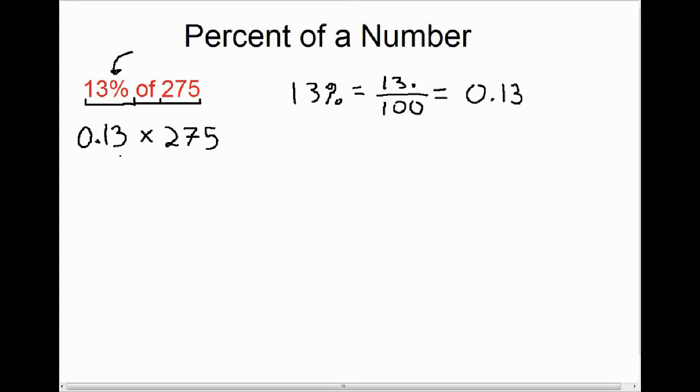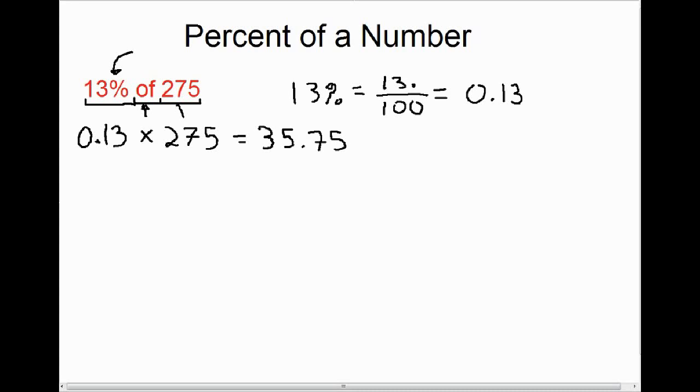Now, we could do this without the use of a calculator, but for the purposes here, let's assume we can use a calculator to calculate that. So when you use your calculator to multiply 0.13 times 275, you get 35.75. So again, to review here, to find the percent of a number, if you recall, that word of translates into multiplication.